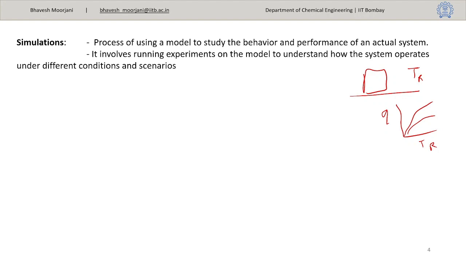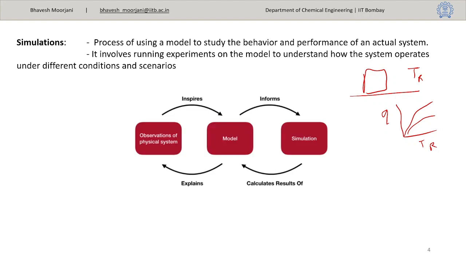Simulation doesn't have to be a complex term. That's what I'm saying, modeling and simulation are very basic terms. Any physical system inspires a model based on observation of how it changes. Like convective heat transfer was given by Newton's law of convective heat transfer, Q is equal to h delta T. That is based on observation, and based on that physical observation we develop a model, and that model is used to simulate system behavior, which can again give you how the system is changing with various parameters.